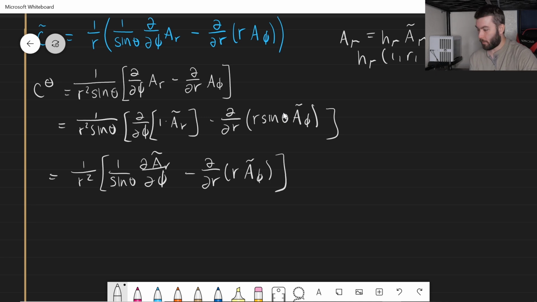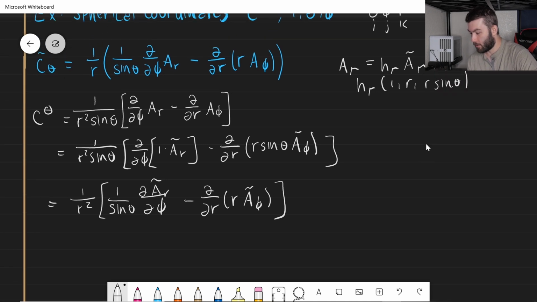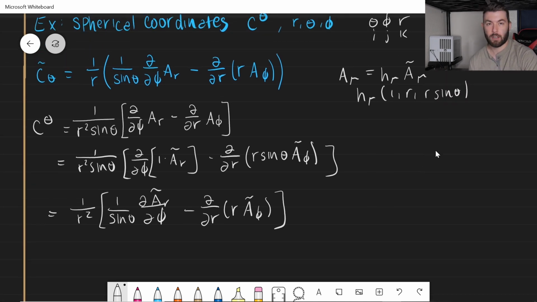Now, is that equal to what we got in blue? It shouldn't be, right? We know that it should be equal to it divided by our h mu, and we see that it is exactly equal, but we get this extra 1 over r term.